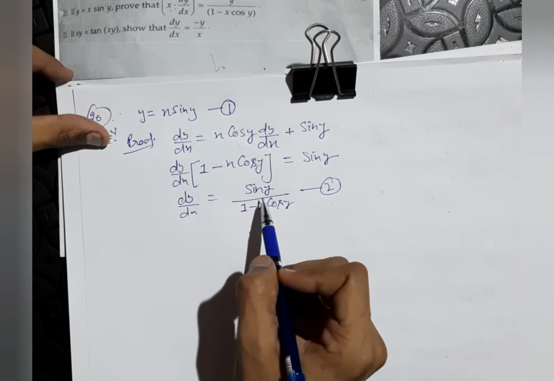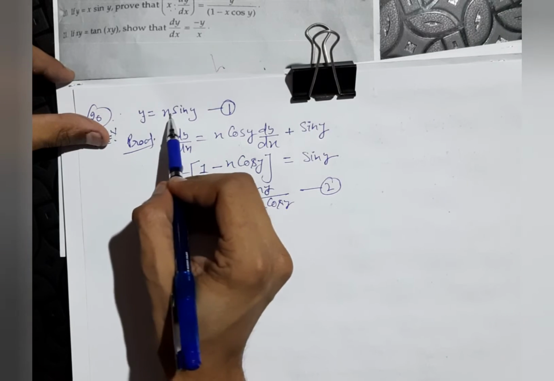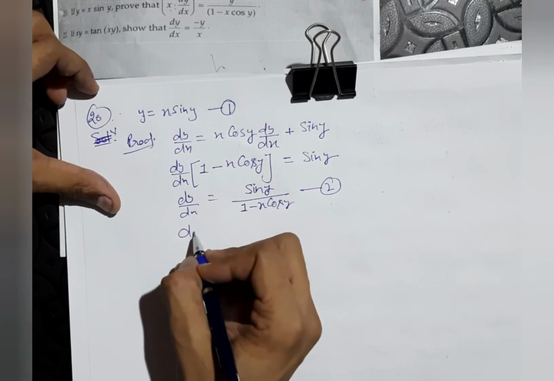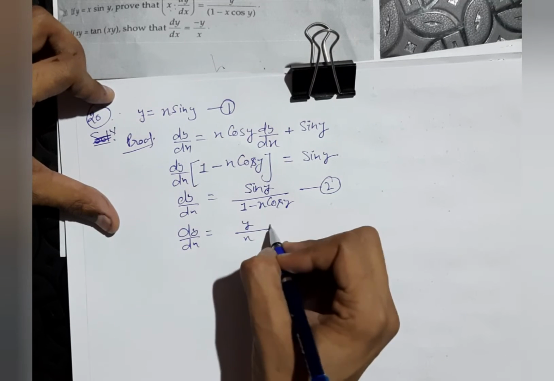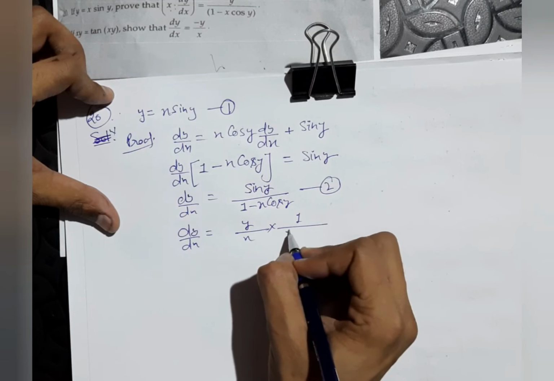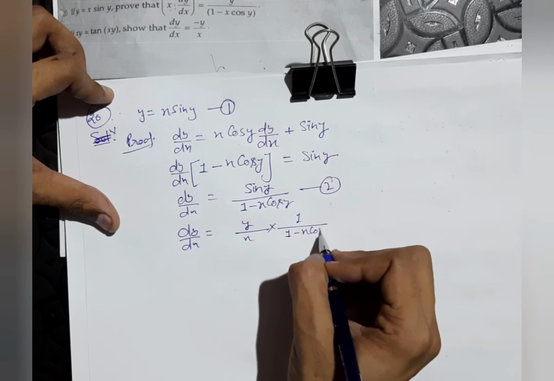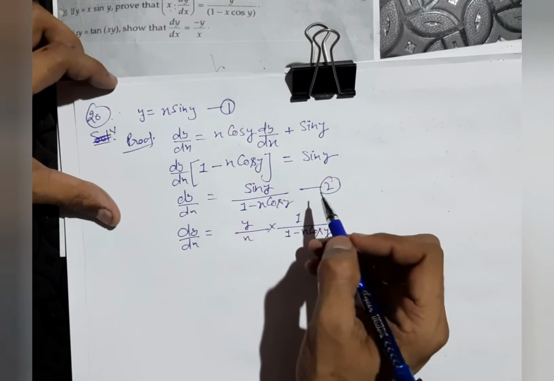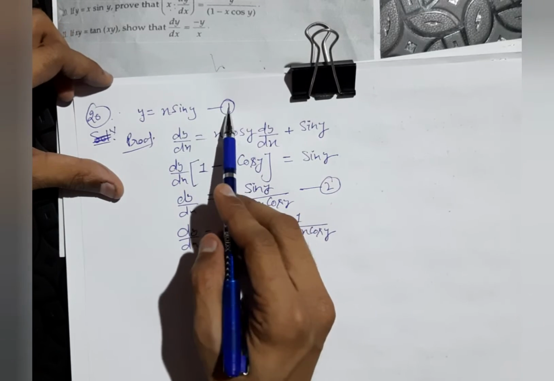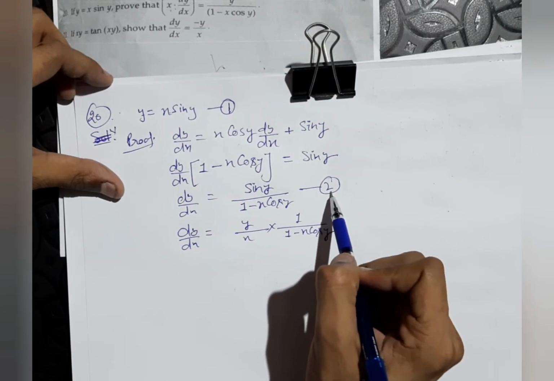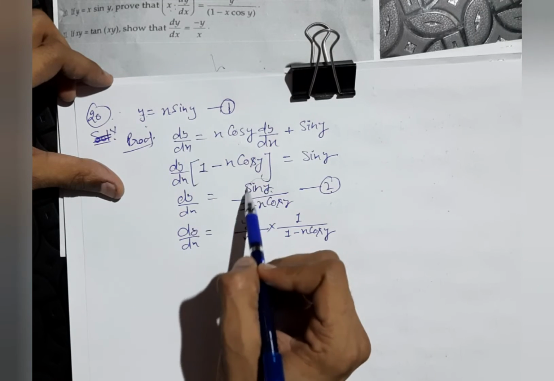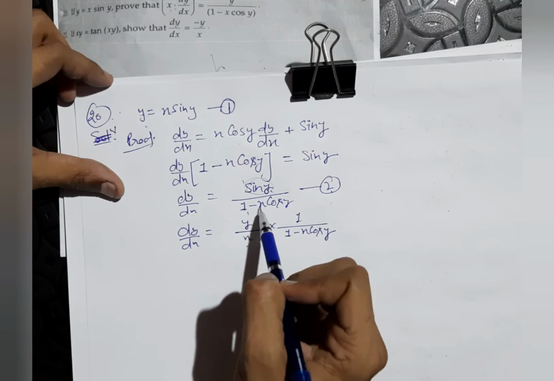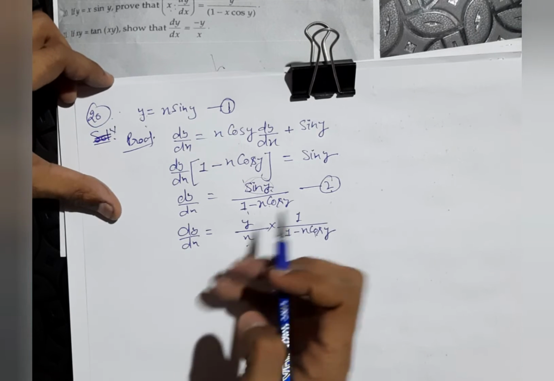Now you can look into the first equation. From there we can put the value of sin y as y over x, so I am writing that value. Dy over dx is just y over x, and this is 1 over 1 minus x cos y. So I have used equation number 1, again sin y equals y over x from equation number 1, so this is y over x and 1 over 1 minus x cos y.